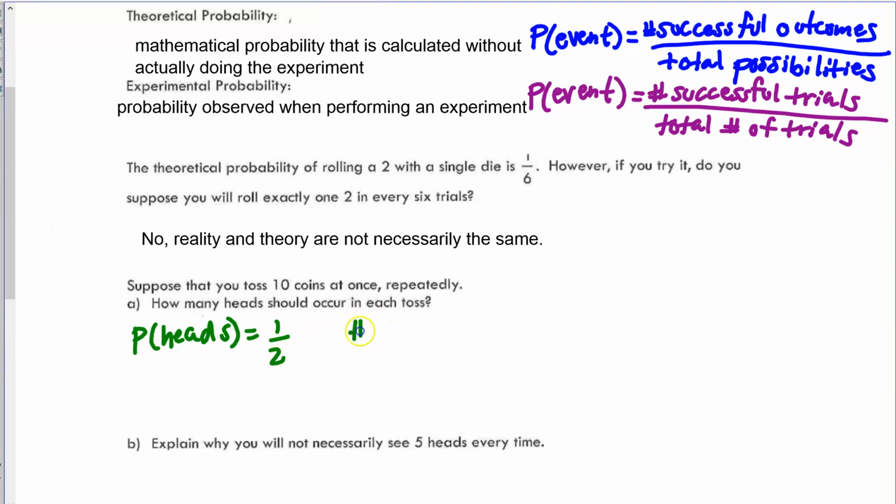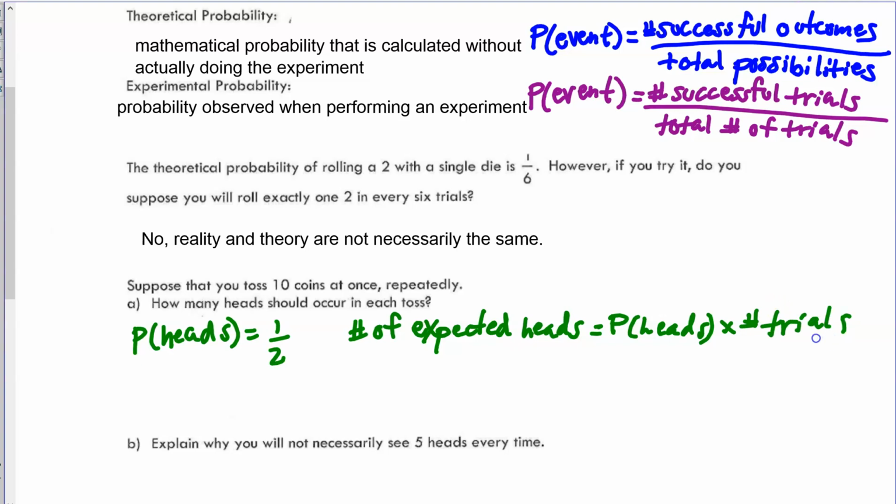So the number of expected heads is going to be the probability of heads times the number of trials. In our case, it's going to be 1/2 times, for flipping 10 coins, that's 10. So the expected number of heads is 5.